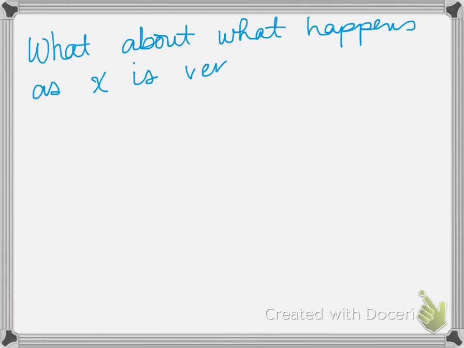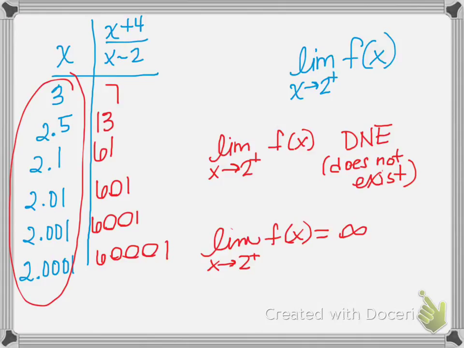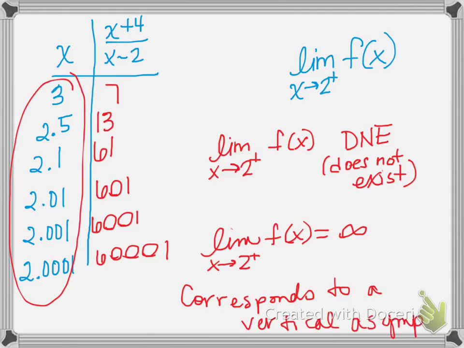Notice that when we have a limit that goes off to infinity, this corresponds to a vertical asymptote. So whenever you have a limit that goes to infinity at a particular number, either from the right or the left or both, that is a place for a vertical asymptote.